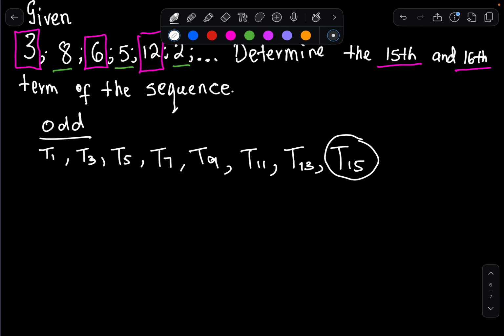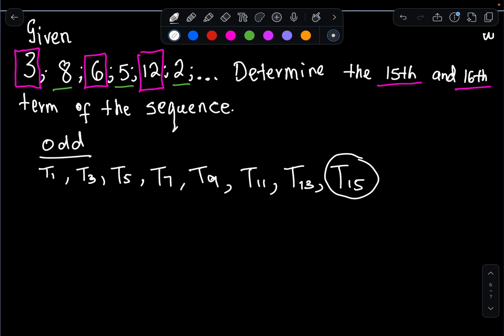Remember, guys, if I extract the odd numbers from the pattern, I'm going to have this. Position 15 basically will be what position of this sequence. Let's see. So it's 1, 2, 3, 4, 5, 6, 7, 8.